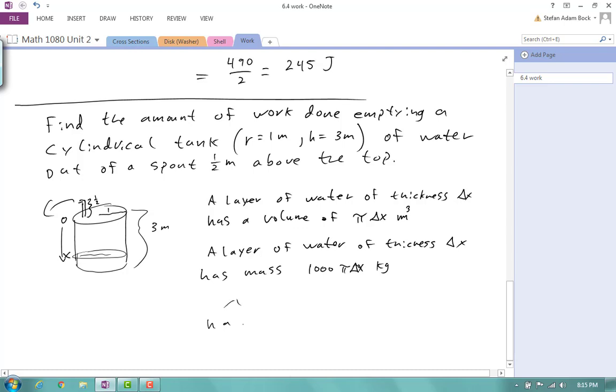And so it has a weight of 9.8 times 1,000 times pi delta x.